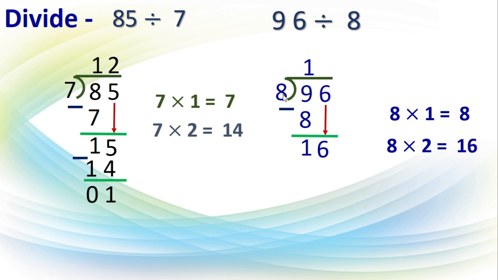We know that. So I will write 2 beside this 1. So we will write 16 here. We will subtract this. Then what did we get here? 0. Yes, here 8 is the divisor, 96 is the dividend, 12 is the quotient and 0 is nothing but the remainder. Okay.